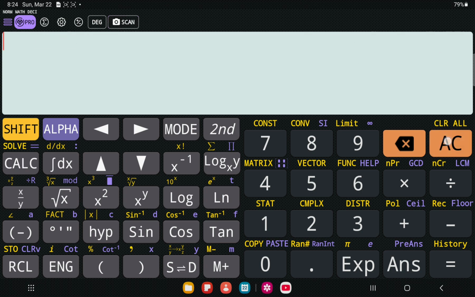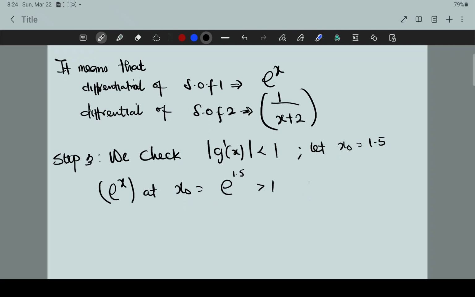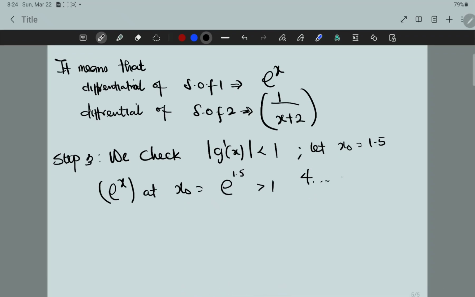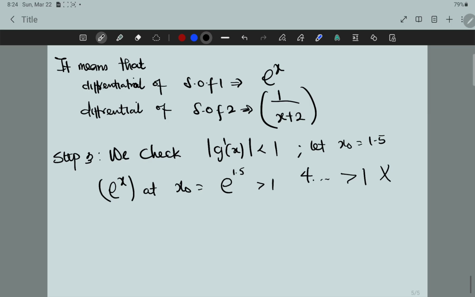Exponential to the power of 1.5 is 4 point whatever it is, and it is greater than 1. So no, we are looking for something that will be less than 1. So we check again.